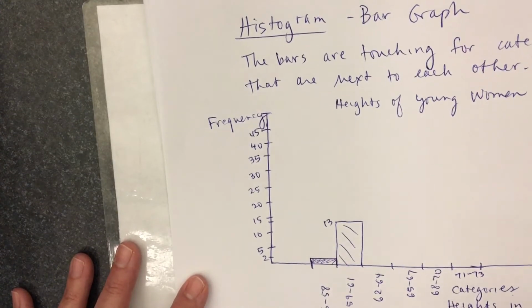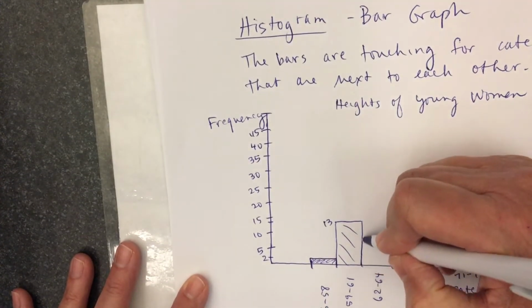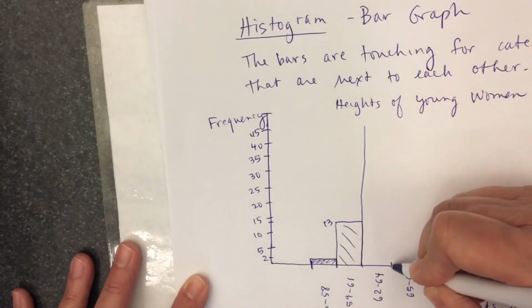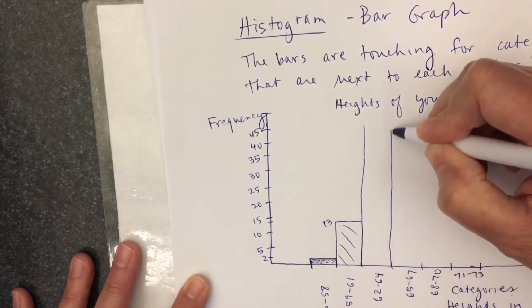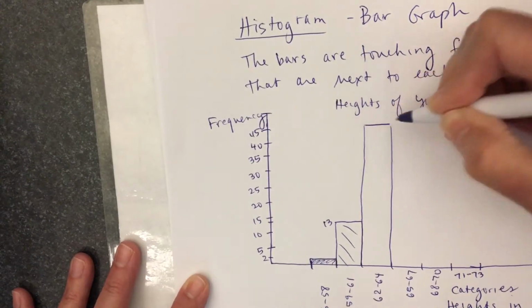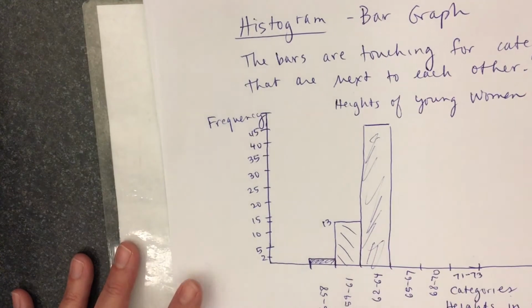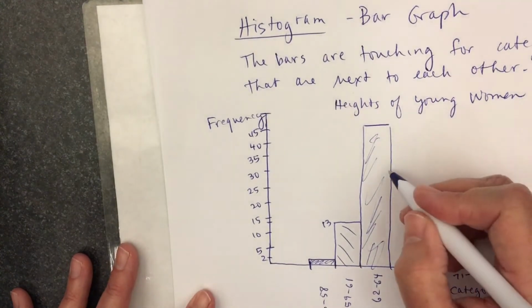The next one is my 45. Right up against the previous. So this will be the tallest of the bars. Usually they'll shade them in or something. Then I have 30.